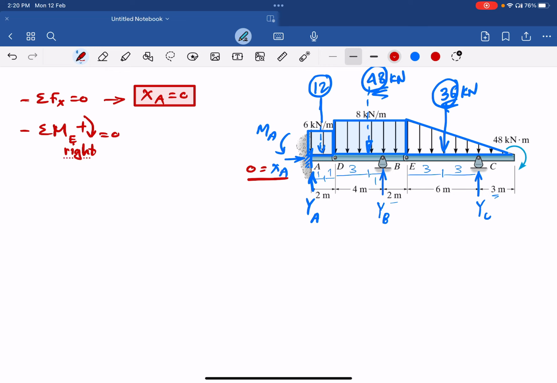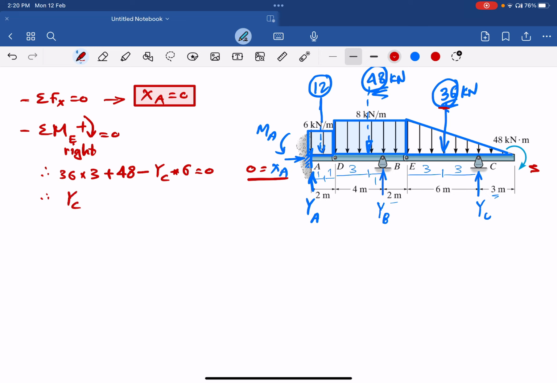Therefore, let's make the equation, starting with the 36. So 36 times 3 plus 48 kilonewton meter, which is the moment, minus, this is counterclockwise, so minus YC times 6 equals 0. A straightforward equation.